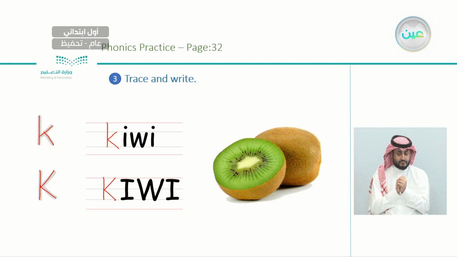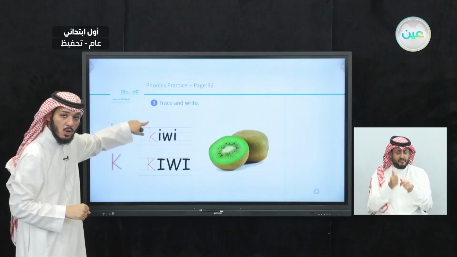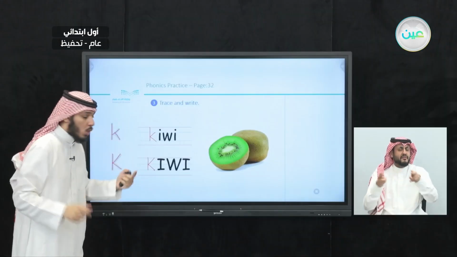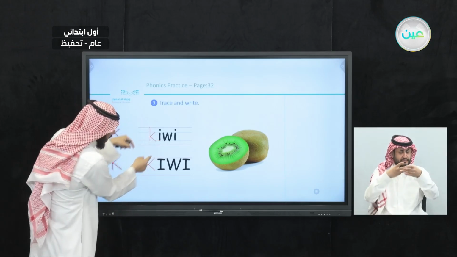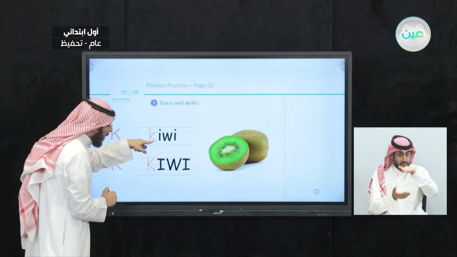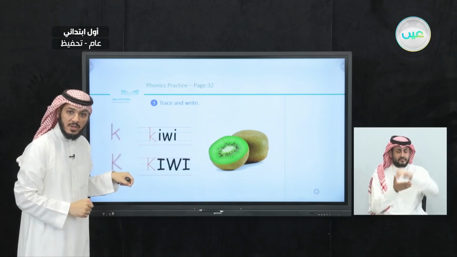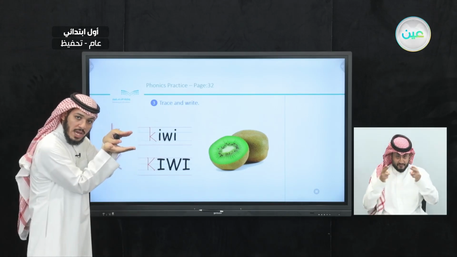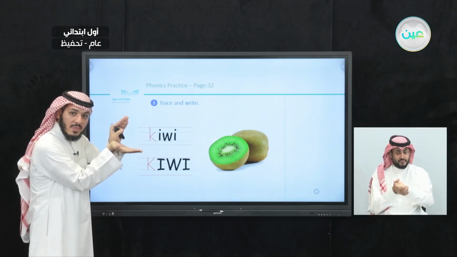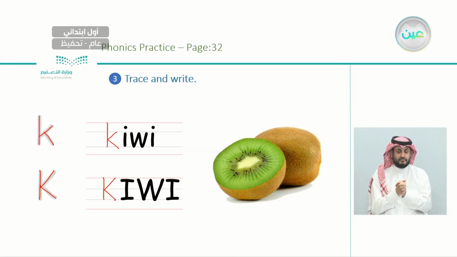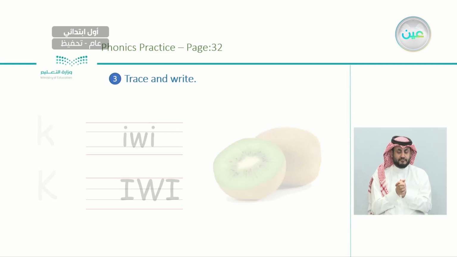Look at this and this, we have small and capital. What is the difference? We have the two lines between 2 and 3, but these two lines between 1 and 3. So if you have two small lines, it means small. Two big lines means capital. Excellent.